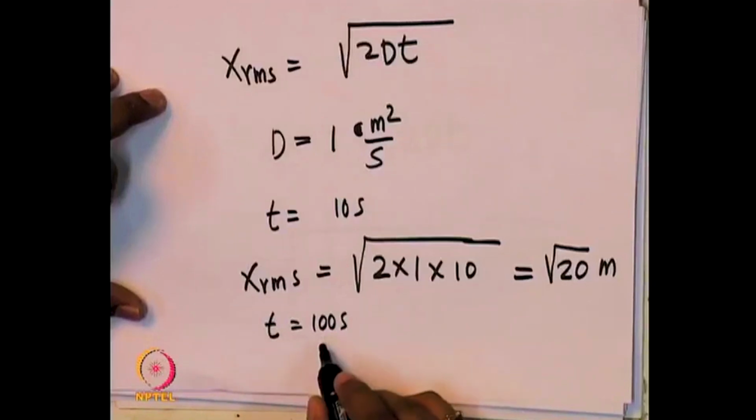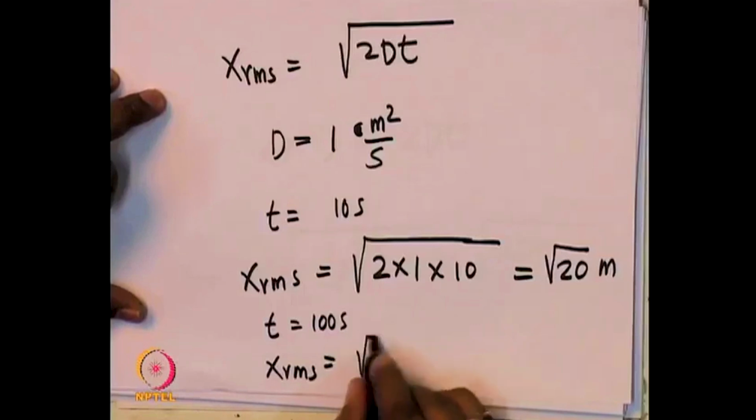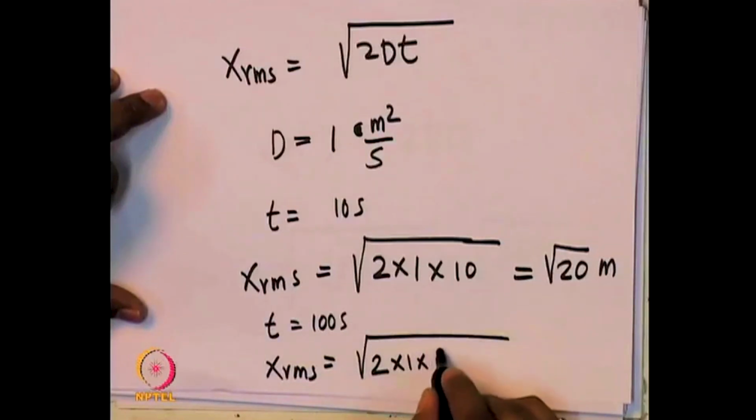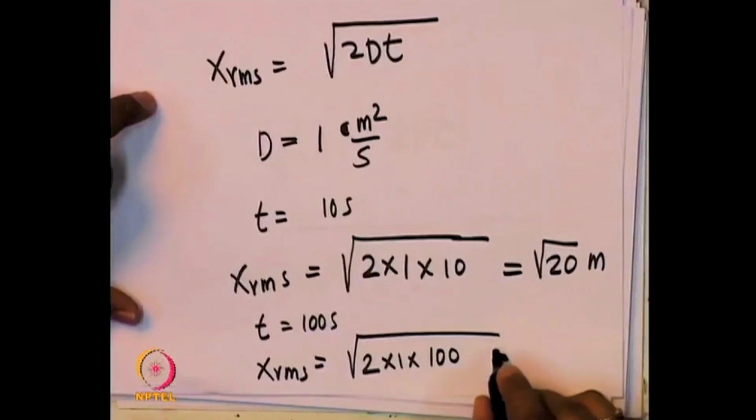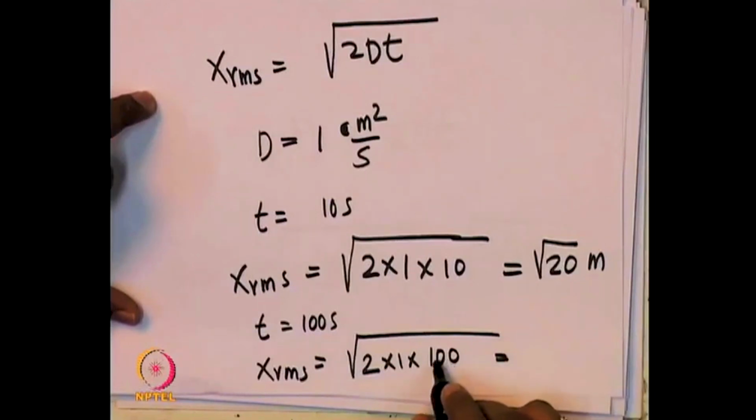X RMS is equal to root of 2 into d, which is 1, into 100. So, this is square root of 2 into 100, which is 200.